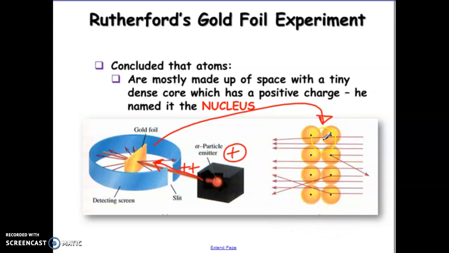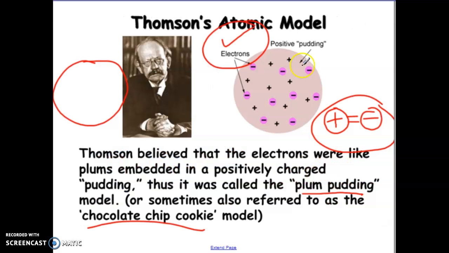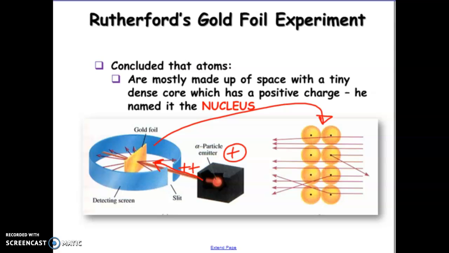These are representing our gold atoms. You have to remember, up to this point, it was hypothesized that this was the model of the atom. What he was trying to prove with this experiment is, just like Thomson decided to do negative and prove that they repelled, he wanted to do the same with positive charges.